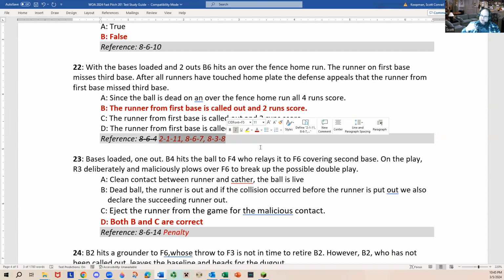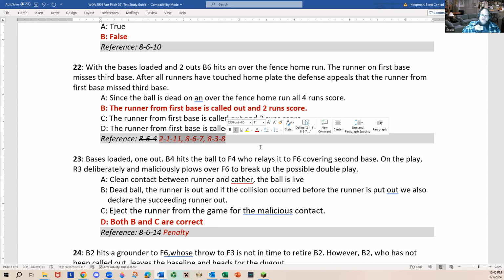If it's the third out, and in this instance it is, no runs could score if that runner was out on a force. Third out, no run score. However, this is not a force. The first base runner was forced to second, but not forced to third. She just kept going naturally.